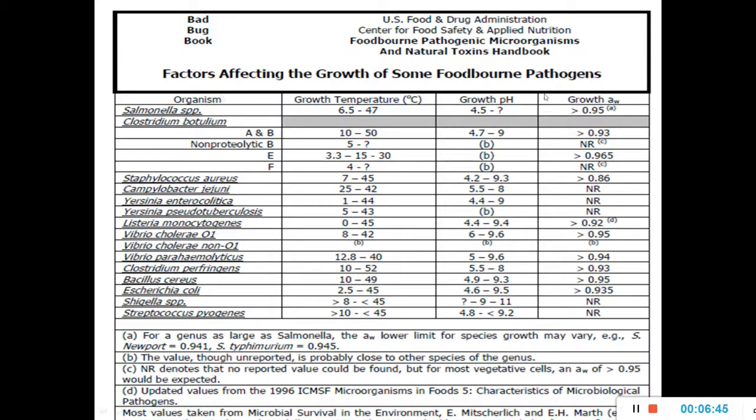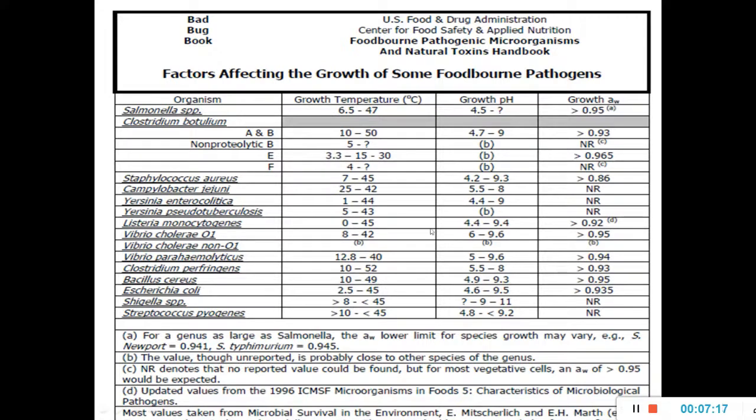Now, I've just given you some examples of the factors which affect the growth of some food pathogens. Three main factors affect the growth in foods. We have already mentioned this in our previous sessions, but I just want to remind you. Of course, the temperature is important. At temperatures beyond the optimal levels, either above or below, the growth of the microbes is inhibited.